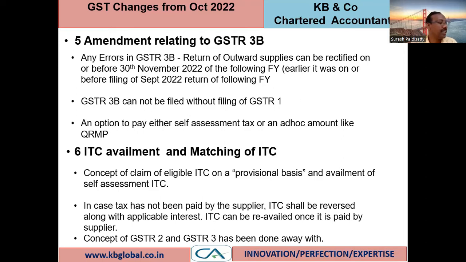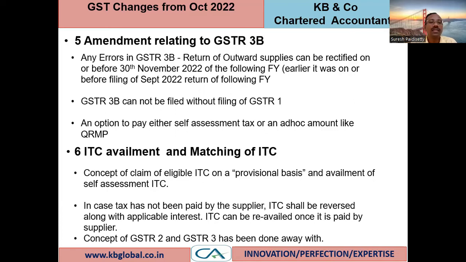They can rectify anything. And GST 3B cannot be filed without filing of GST 1. If you have not filed GST 1, you cannot file the 3B. One more thing they have made in the system for 3B: they have given the option to pay either self-assessment tax or an ad hoc amount, like quarterly return filers.